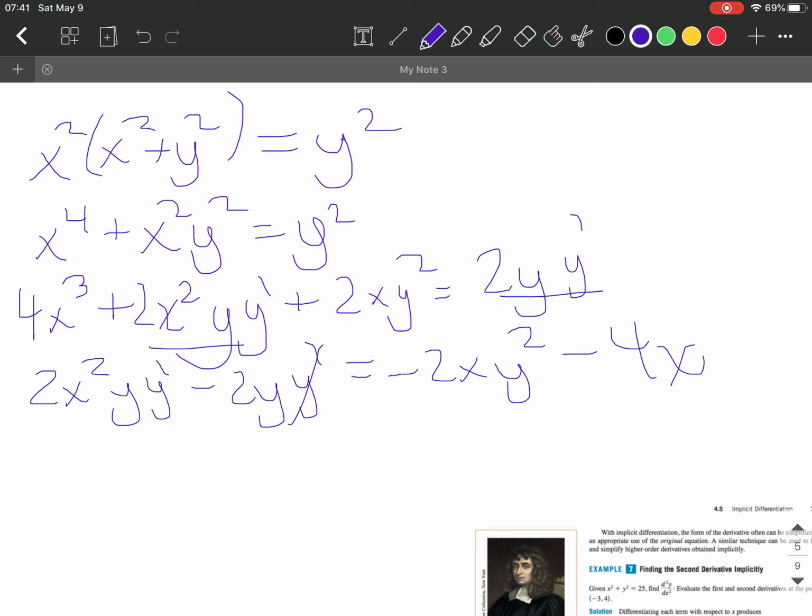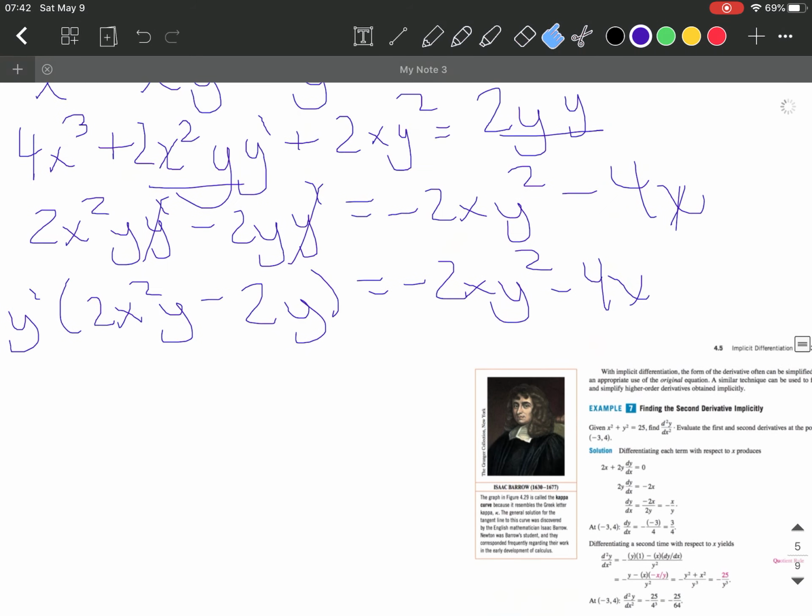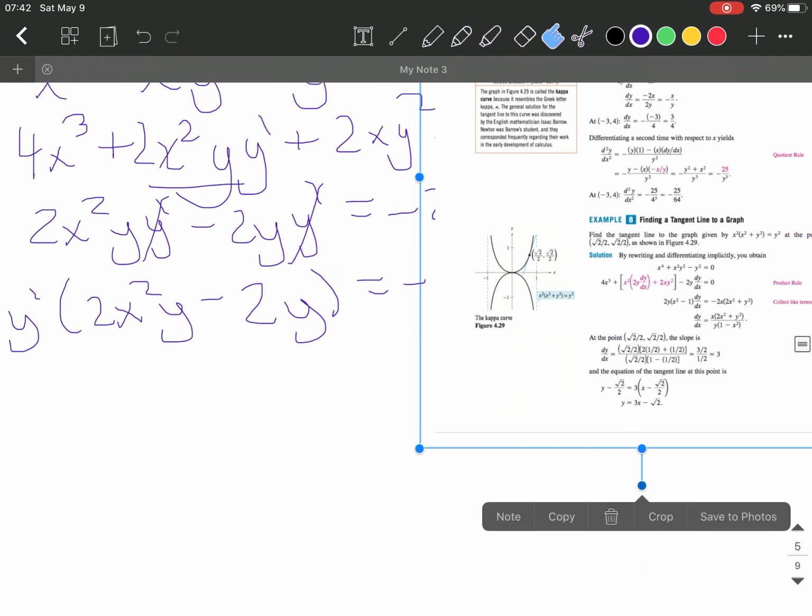And then I would factor the greatest common factor y prime out of 2x squared y minus 2y. Okay, so you get that.